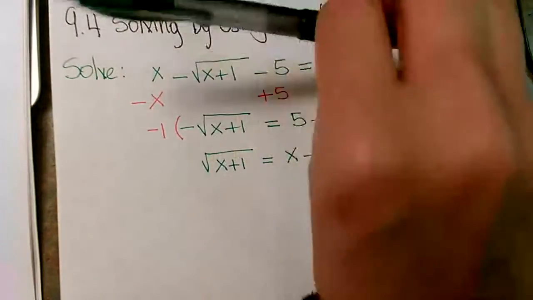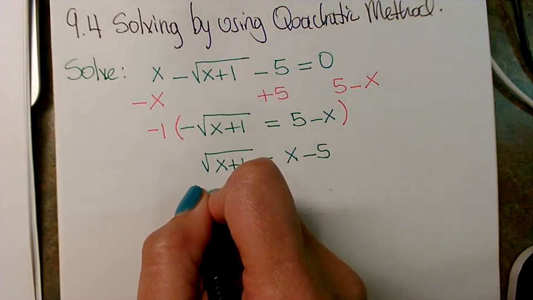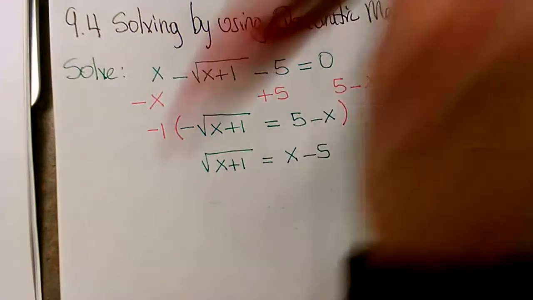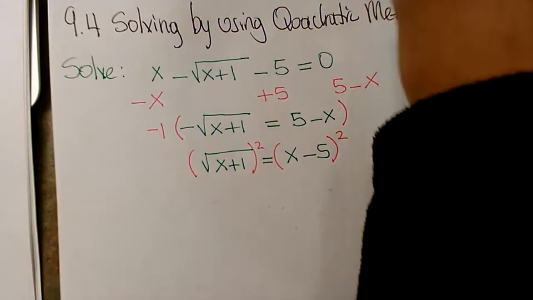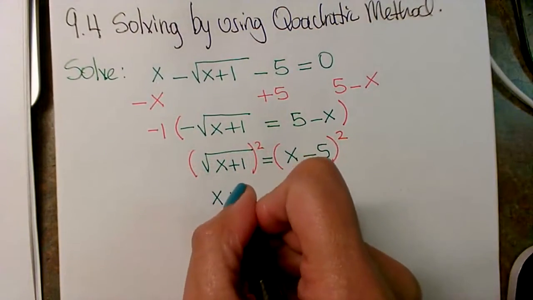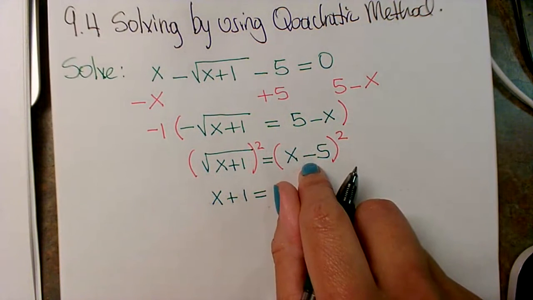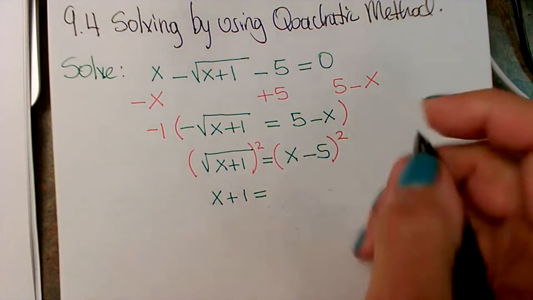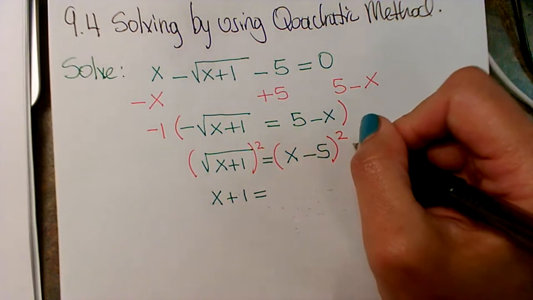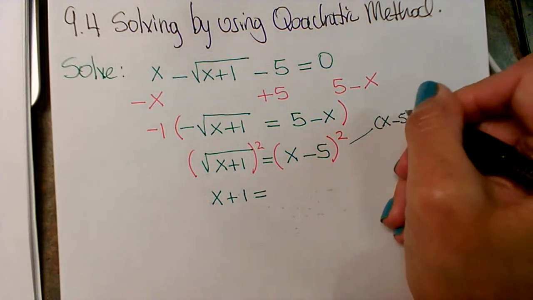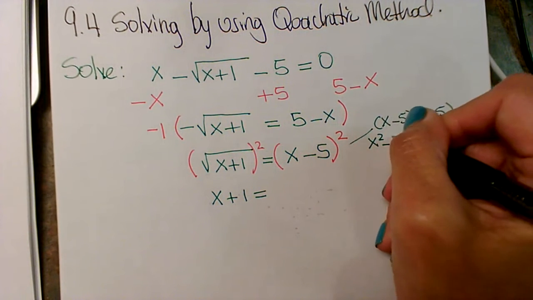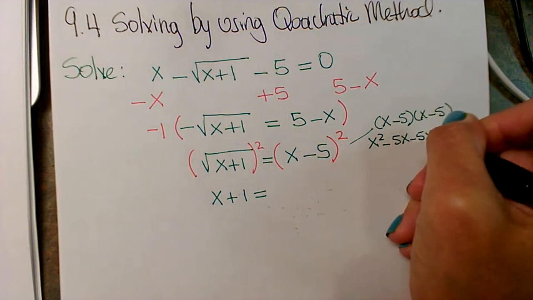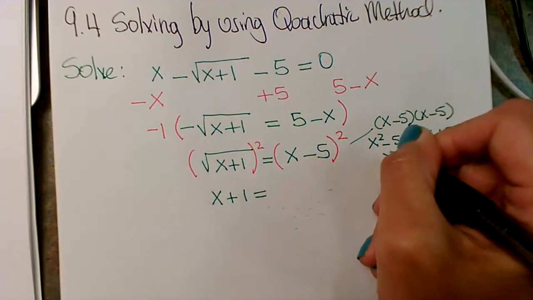When I square both sides, this gets rid of the square root. And what do we get here? We have to multiply this: x minus 5 times x minus 5. x squared minus 5x minus 5x plus 25.